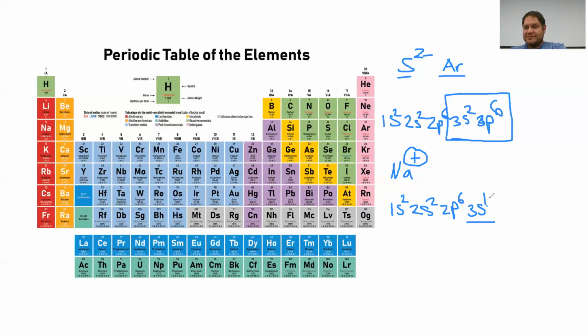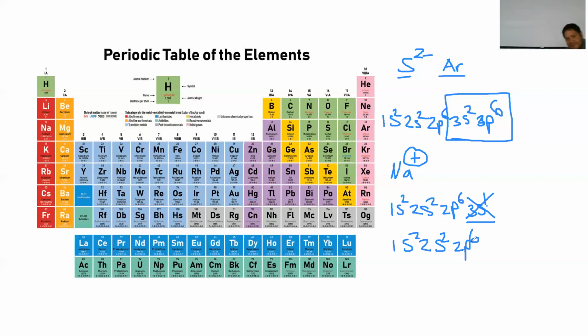So that means we're going to lose this 1 electron. I'm going to lose that whole valence shell. It's going to go bye-bye. And what do I have? I have an electron configuration of 1s2, 2s2, and 2p6. And that is our new electron configuration for the sodium ion.